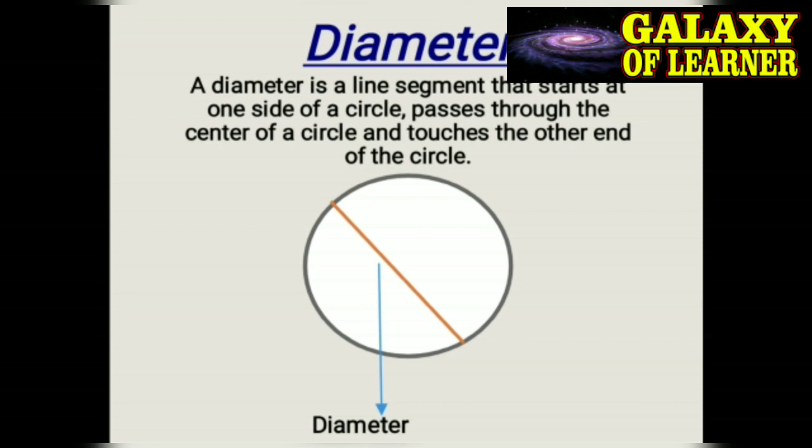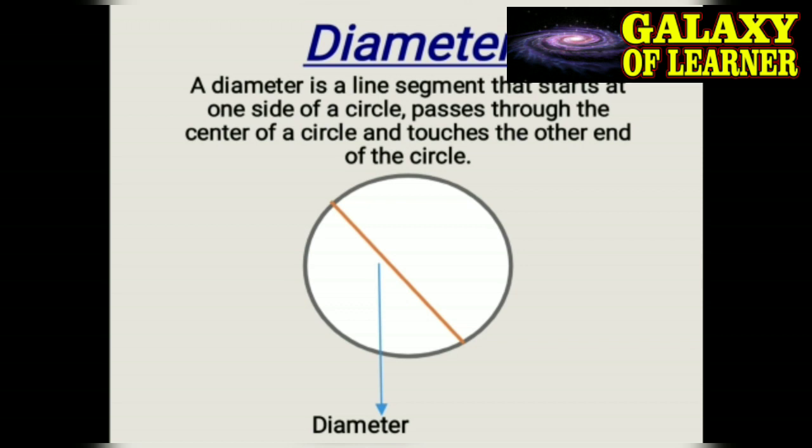So, a diameter is a line segment that starts at one side of a circle, passes through the center of a circle and touches the other end of the circle. So, a diameter is also a line segment that joins 2 points on a circle.